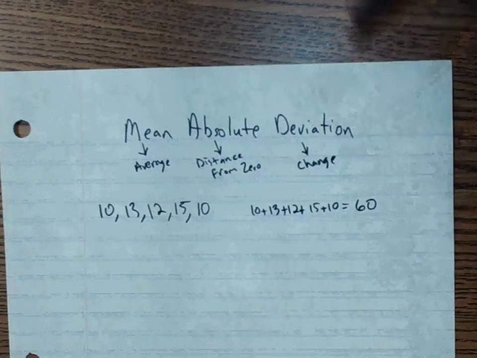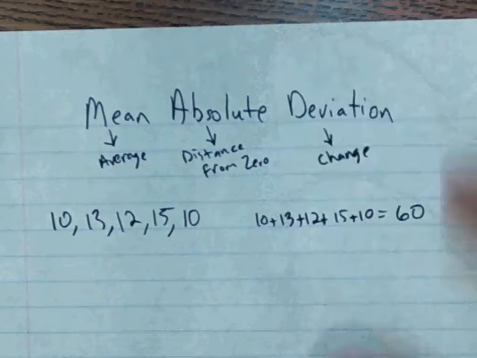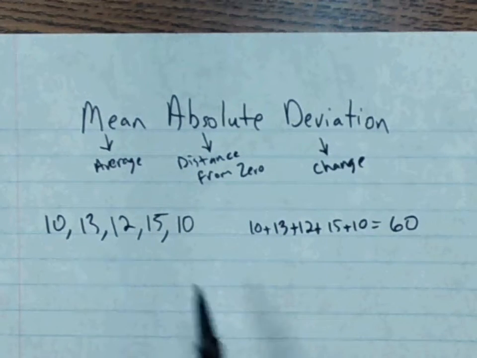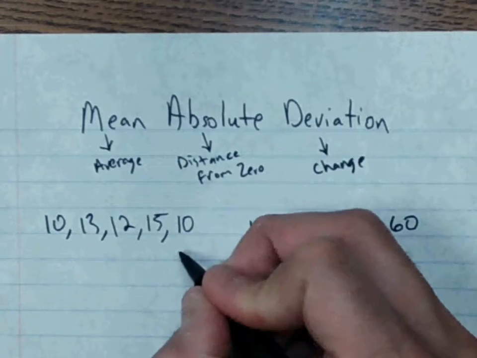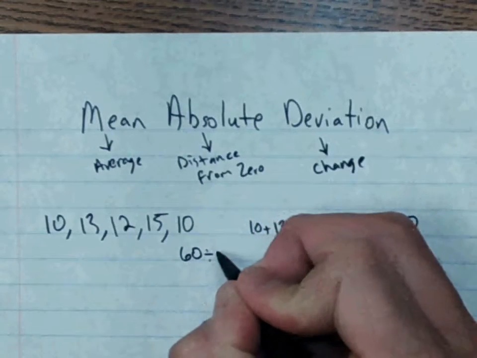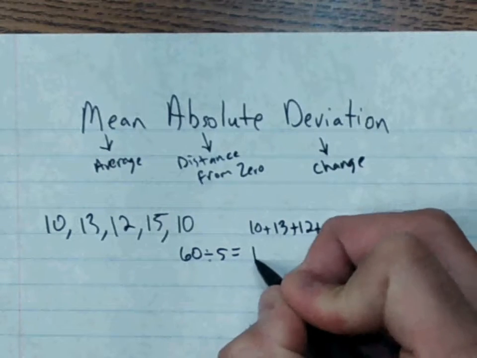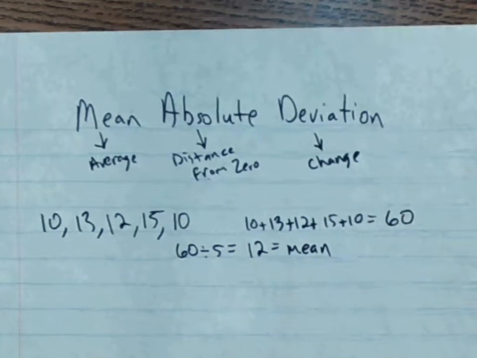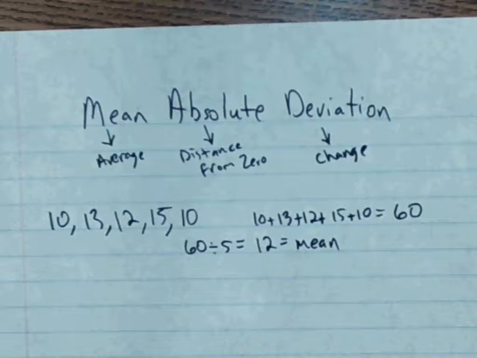So again, we want to calculate the mean. So when you're calculating average, you're going to take the sum and then divide by the quantities you had. We had 5 numbers to add together. 60 divided by 5, that comes out to 12. That's the mean of this set of numbers. But that's not what we're looking for. We're looking for the mean absolute deviation.